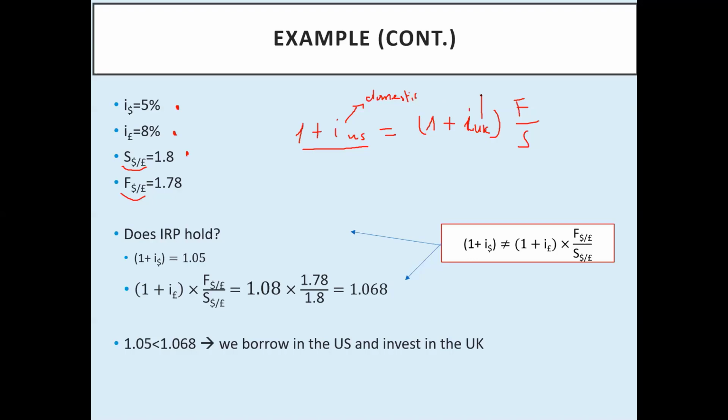And on my right-hand side, this should be a foreign interest rate. If the domestic rate is on the left-hand side, then with the forward and the spot exchange rates, this should be the price of the foreign currency in the domestic currency, okay? So this should be domestic over foreign, okay? So that's something to note.